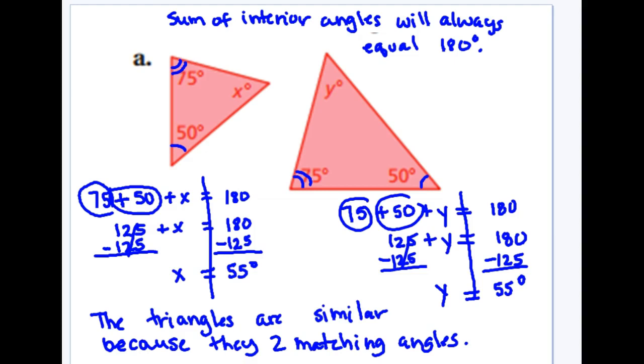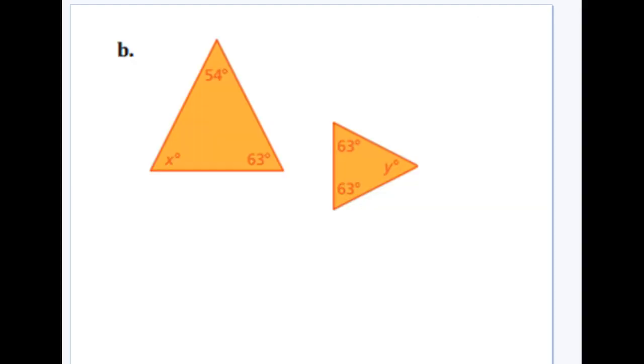Alright, so hopefully you have all that written down. Let's move on to the next one. So let's see, are these similar or not similar? What do I need to look for? I need to make sure that I have two matching angles. So this one here is 63, and we'll take this one as 63. So that works, yes. How about 54?